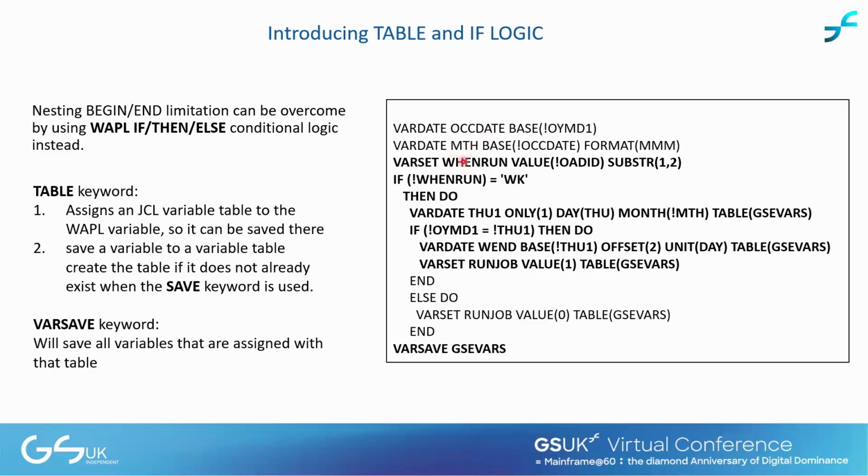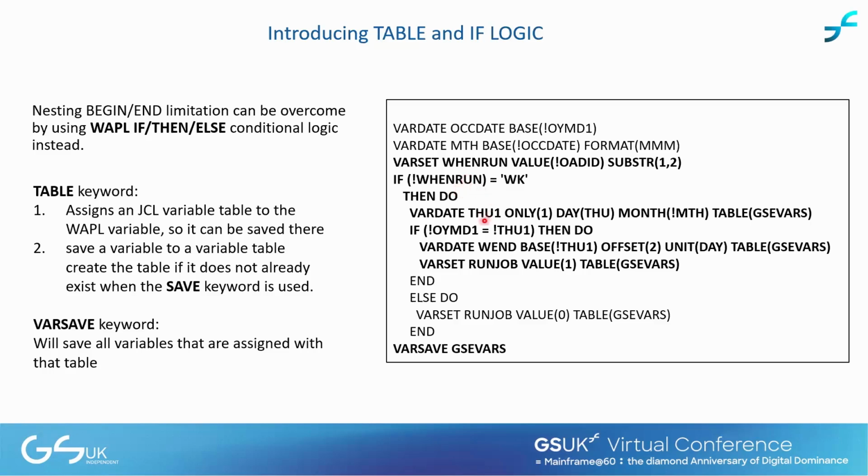The WHENRUN variable value is set to the first 2 characters of the application name, and then we'll have an evaluation if that variable is equal to the string WK. And in that case, this is true because our application starts with the WK.